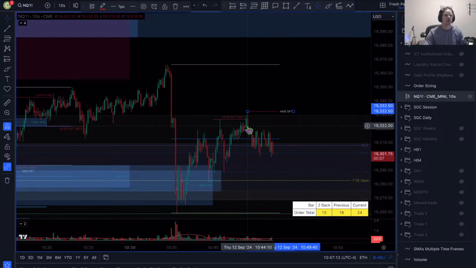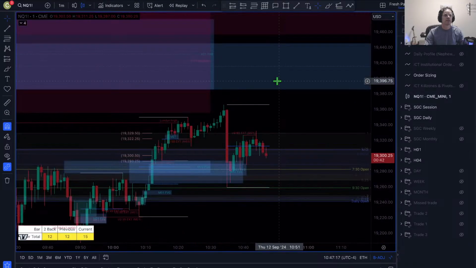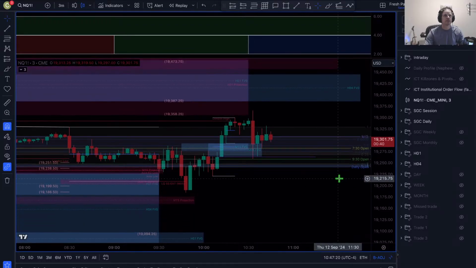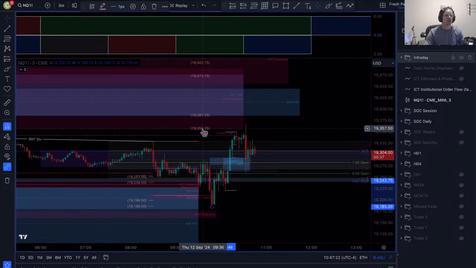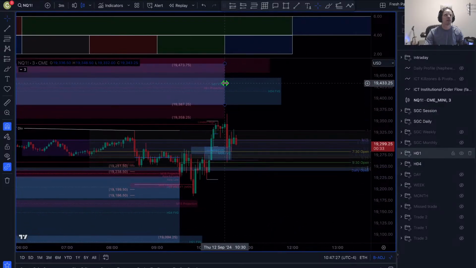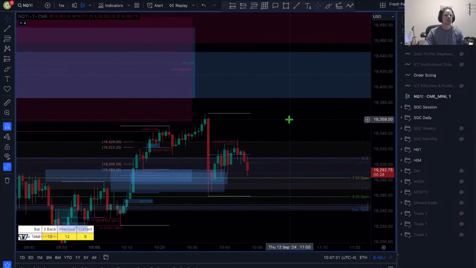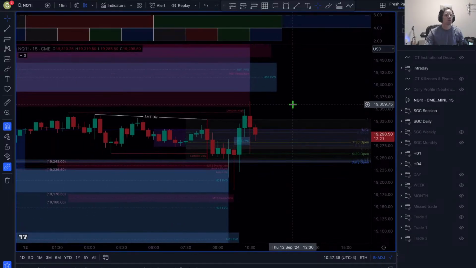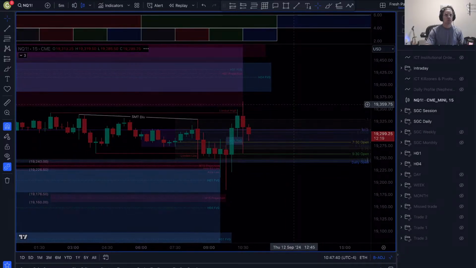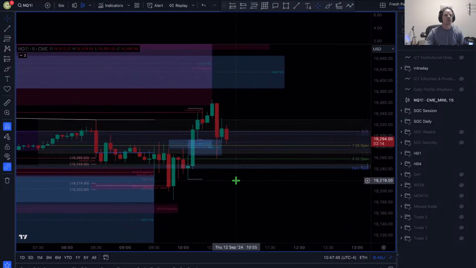We don't have AMS, all we have is that sweep, and that could have been the entry right there. We hit this projection on the M5, M3. Right, we're coming out of this H1 projection. See if we could close down here.